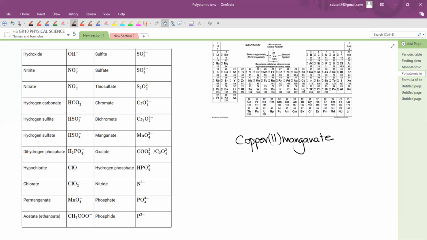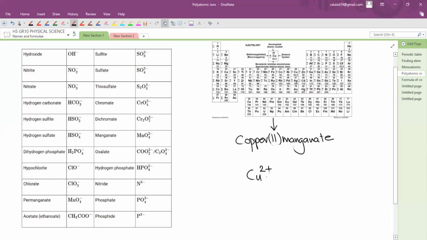What's copper? Copper is Cu, no? Yes. Charge. I've sort of given the answer already there. Will it be 3 plus? No, no, no. Those are two lines. So it's 2 plus. Yeah, the lines there give you the answer.